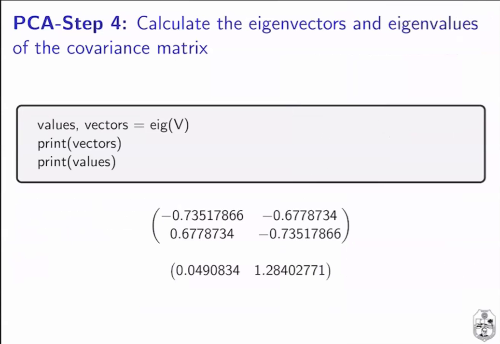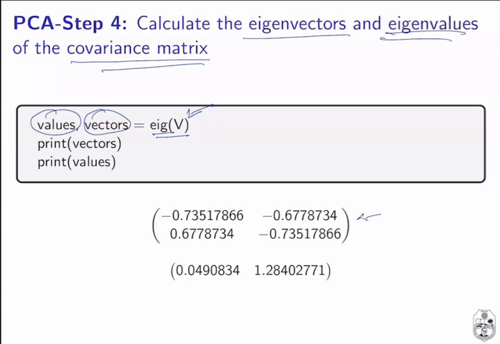Once you have the covariance matrix, the next step is to calculate the eigenvectors and the eigenvalues. The eigenvalues and eigenvectors can be calculated by the eig method from the Python library. V is my covariance matrix and you will get the values and the vectors as the output. These are the vectors: this is the first vector V1 and this is the second vector.